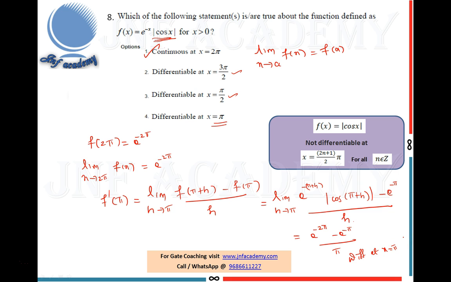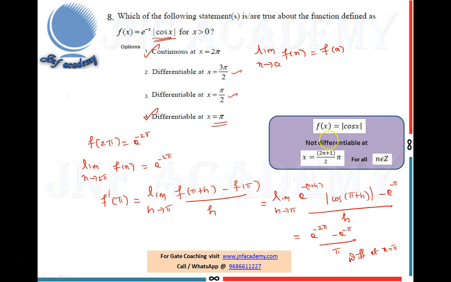In other words, the function f of x equal to modulus cos x is not differentiable at x equal to (2n plus 1) by 2 times pi, for all n belonging to the integers. Suppose you put n equal to 0 and 1, I get pi by 2 and 3 pi by 2, and so on. Because these values of x make modulus cos x equal to 0, and the modulus function is not differentiable at 0.